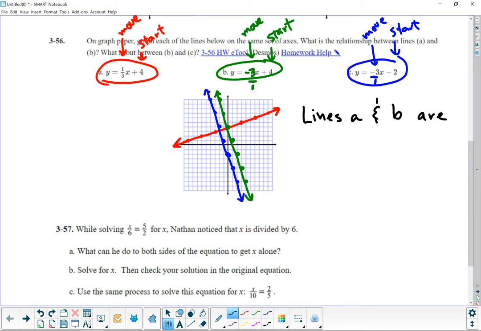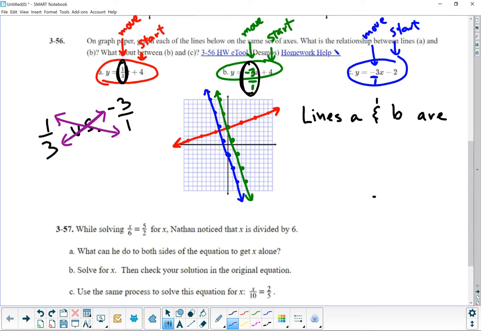To double check it, I'm going to look at the slope of line A, which is 1/3, versus the slope of line B, which is -3 over 1. And if you notice, 1/3 and -3 over 1 are actually reciprocals of each other, meaning the fraction is flipped around.